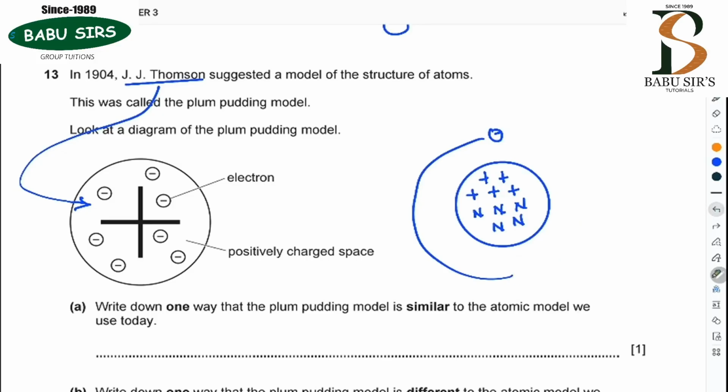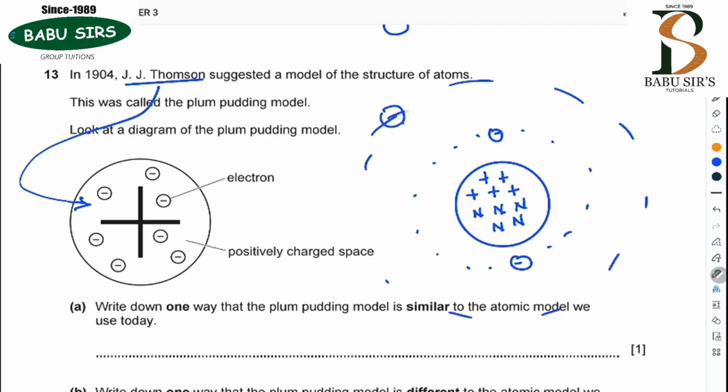This orbit, I'll try to draw it dotted. So these are the electrons rotating in orbits. So this one is the real model.